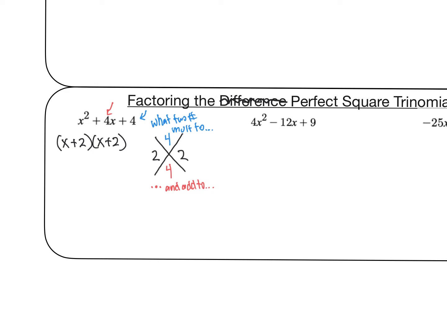So now something that I really want to bring out is the fact that we have these two exactly the same. That is x plus 2 times x plus 2. So just like if we were to say x times x is x squared, or we could say 3 times 3 is 3 squared, we can say that x plus 2 times x plus 2 is going to give us x plus 2 squared.